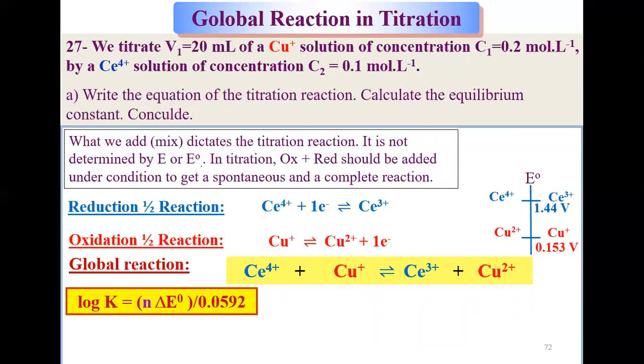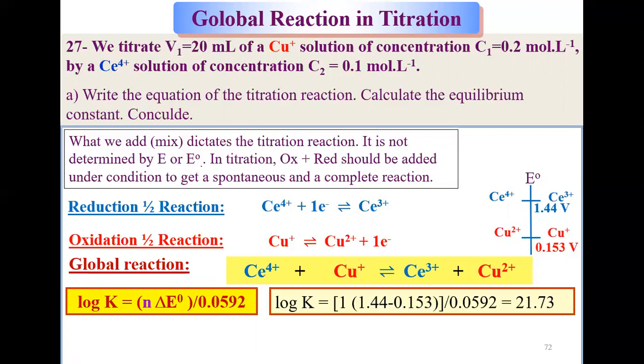And the first part is, after we have the global equation, calculate the equilibrium constant. Well, you know by now that log K equals N delta E naught divided by 0.592, and therefore simple substitution, the number of electrons transferred for both as a combination is 1 times 1, which is 1. And delta E naught is E naught of the reduction half reaction minus E naught of the oxidation half reaction, divided by 0.592.